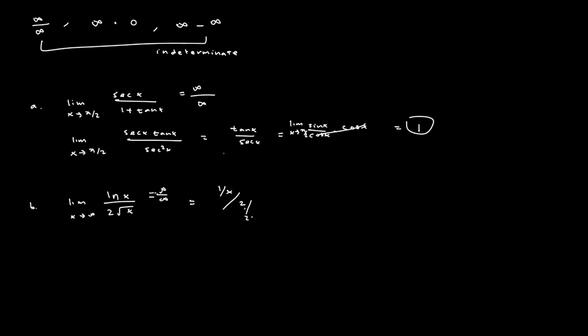Yeah, so I get 1 over x divided by 2 times 1/2 times x to the negative 1/2. And that is equal to 1 over x divided by x to the negative 1/2.